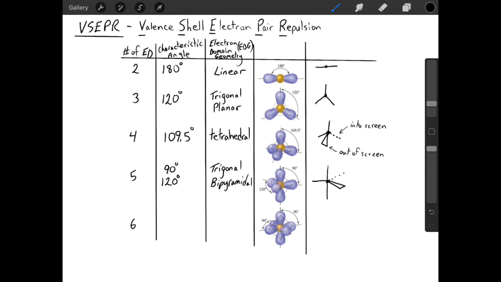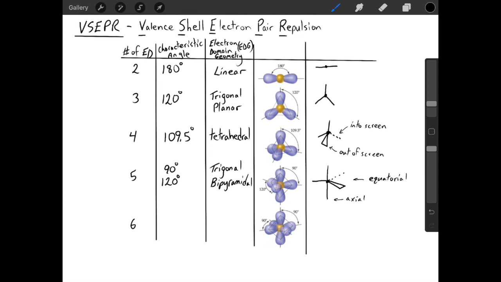And some terminology associated with these trigonal bipyramidal structures are axial and equatorial. So the equatorial positions are those arranged triangularly around the center that are in the same plane, and the axial domains are the up and down, the vertically arranged domains.